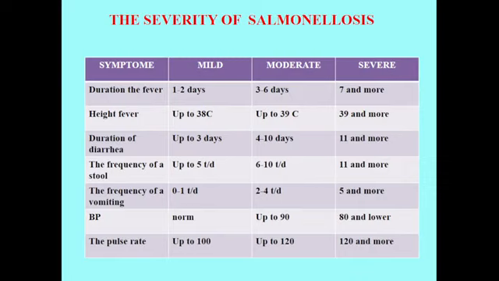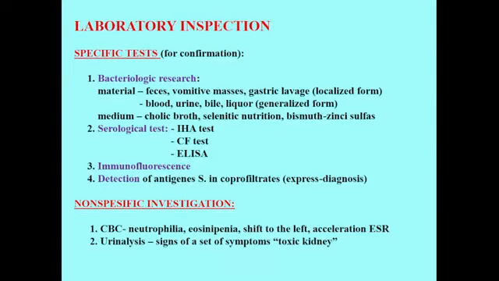Frequency of vomiting 0 to 1 mild form, 2 to 4 times a day moderate form, 5 and more times per day severe form. Blood pressure normal in mild form, up to 90 in moderate form, 80 in severe form. Pulse rate up to 100 in mild, up to 120 in moderate, more than 120 in severe. Yes, this is similar to cholera.